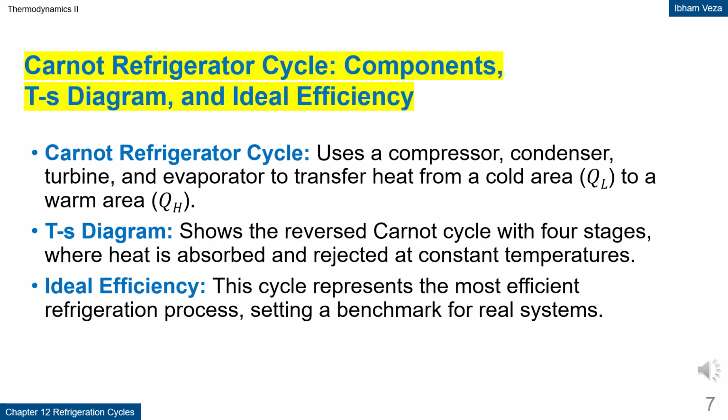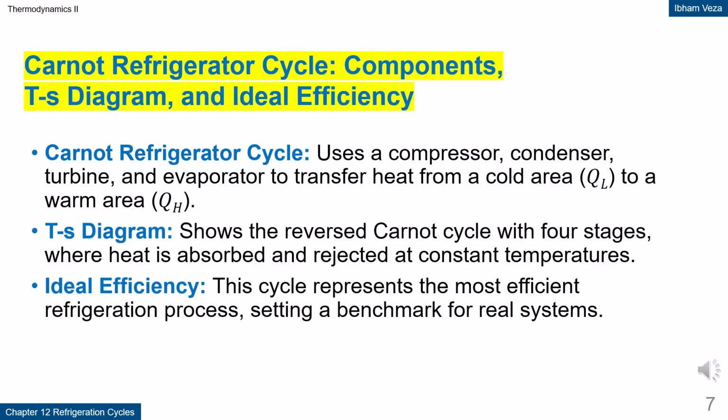Carnot refrigerator cycle consists of a compressor, condenser, turbine, and evaporator. On the TS diagram, heat absorption and rejection occur at constant temperatures. This cycle is completely reversible and has no irreversibilities. Therefore, its efficiency is the highest theoretically possible.